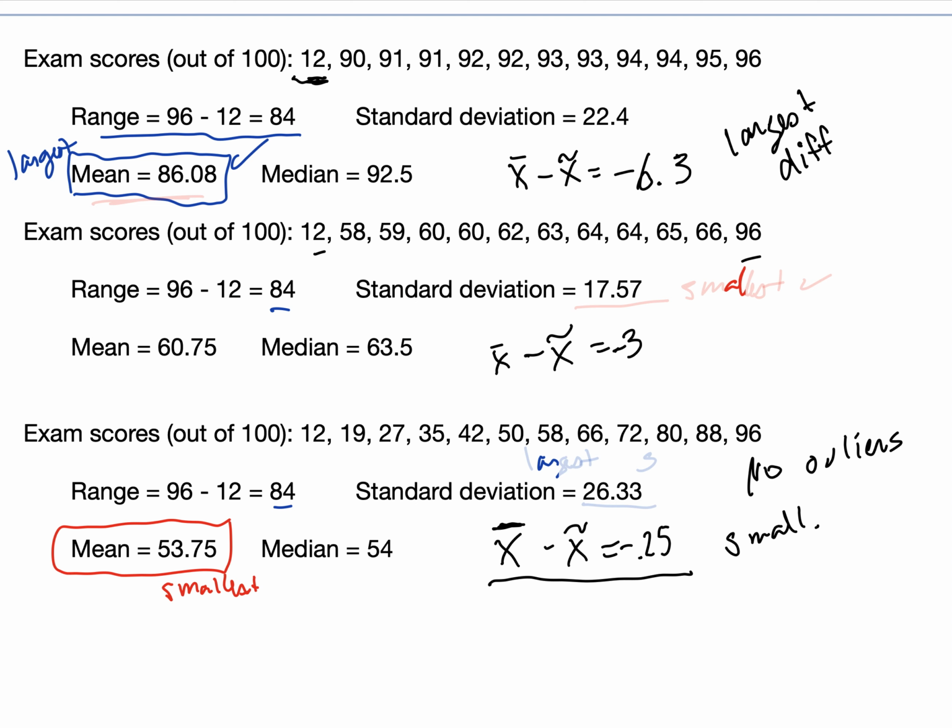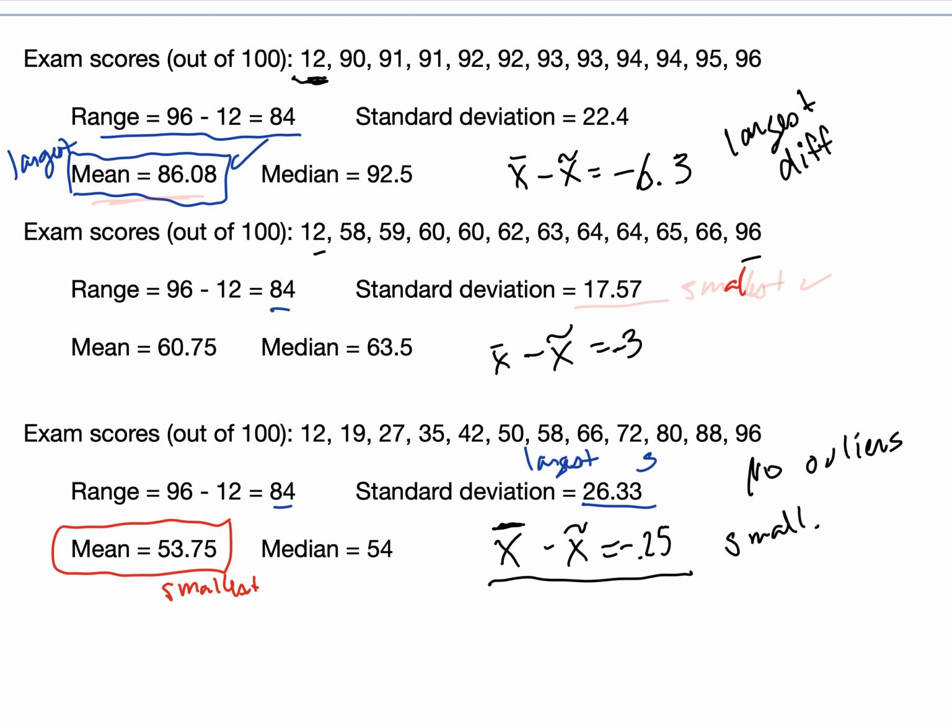Finally, we said which one is going to have the smallest standard deviation, which one's going to have the largest standard deviation. And so let's see. Here we've got our largest standard deviation, 26.3, and that is what we expected because all the data values are evenly spread out.